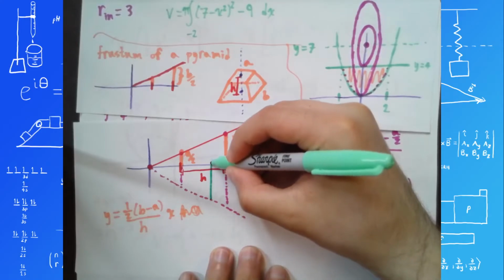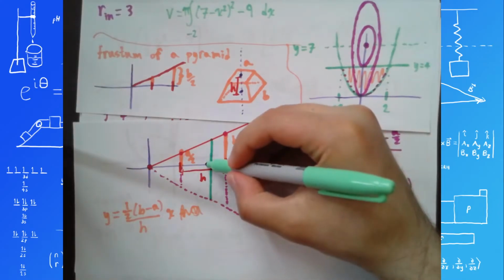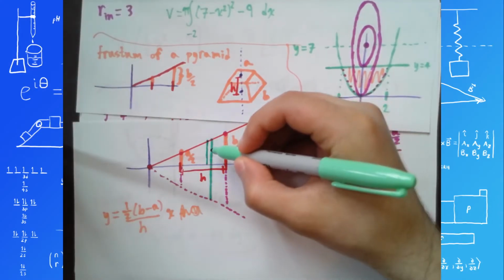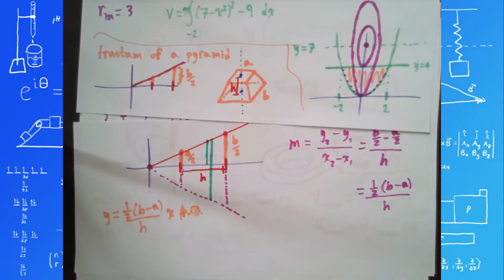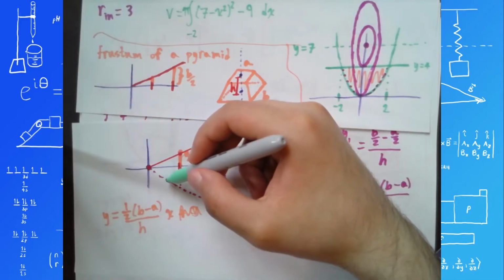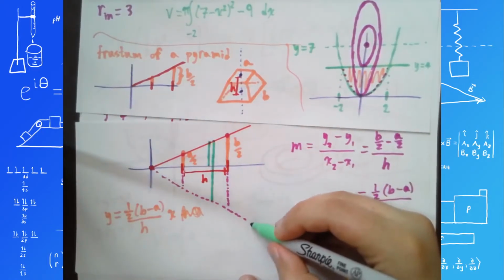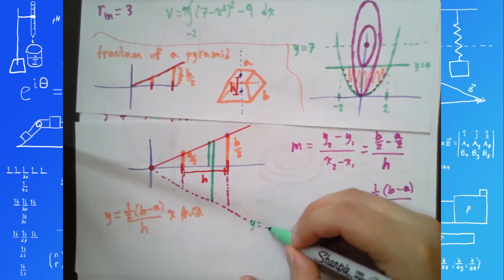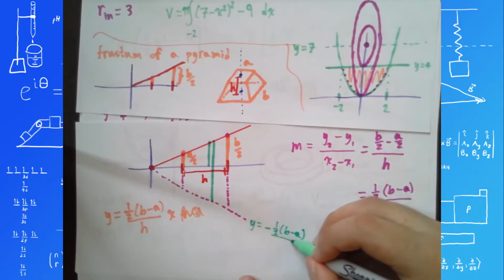So here's the full side length of any given square cross section. And yeah, we can just take the top half of each one, and in the end multiply everything by 2, and that'll save us the trouble of having to define this other line. Not that it would be too hard to do, it's the exact same thing, but with a negative sign. So this dotted line would be y equals negative 1/2 (B minus A) over h.